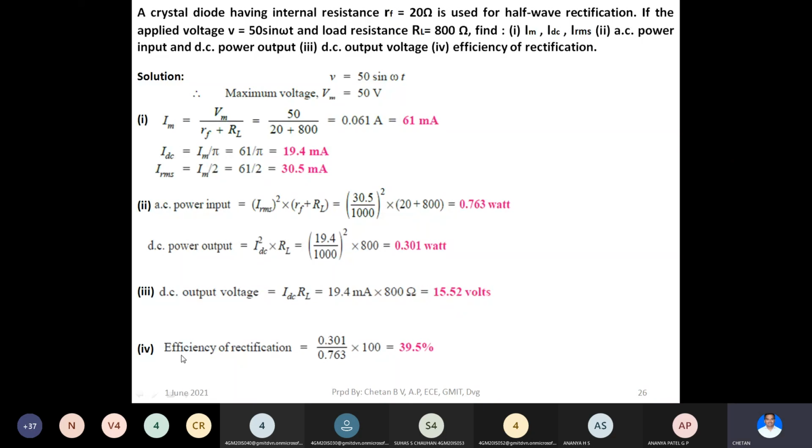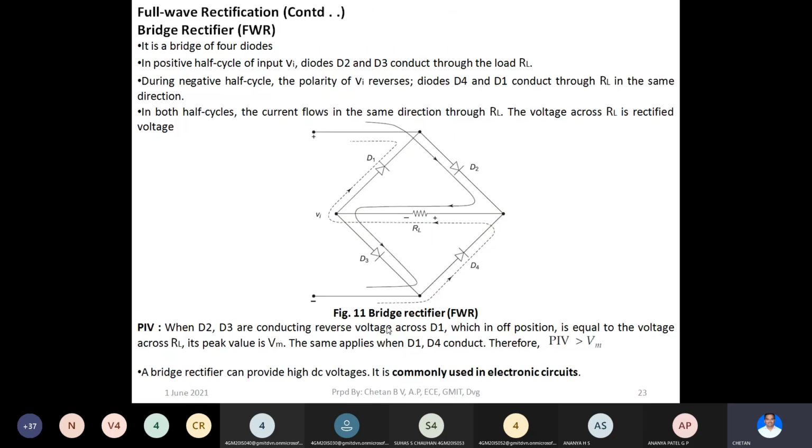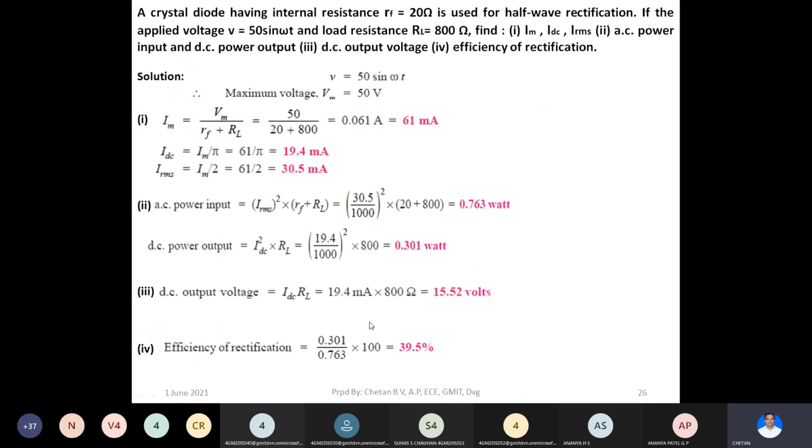Next is the efficiency of rectification. You know what the efficiency of rectification is: it is DC output power divided by AC input power. Already you know DC output power and AC input power, so just substitute the values. You will get the efficiency around 40%. So it is 39.5.